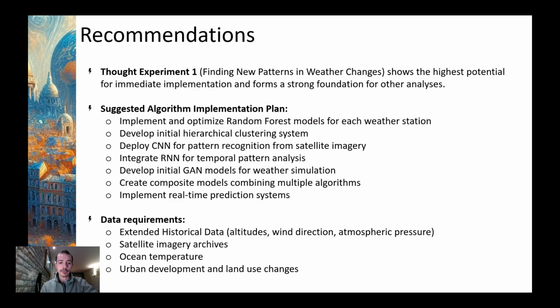As for the data requirements, we need some extended historical data, namely on the altitudes, which was something a bit missing in our data sets, the wind directions also, and the atmospheric pressure. We would then need to seek some satellite imagery archives, or even up to date ones.